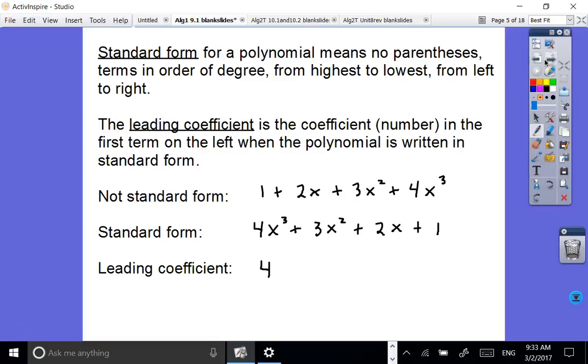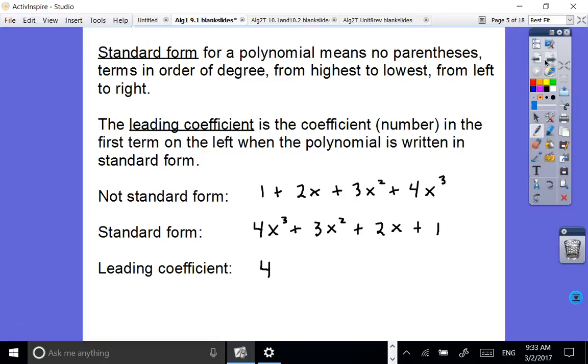Standard form means you're going to simplify. If there's any multiplying to do, distributive or anything like that, you do it, and then you put them in order, highest power to lowest power. We're going to get to that when we do the adding and subtracting, because I'll save it for a couple slides from now.